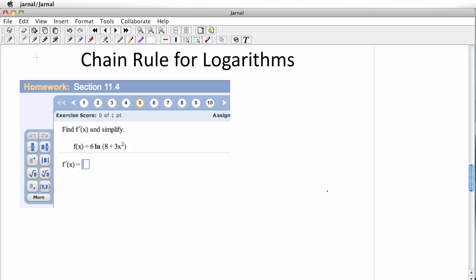Same idea. I say, well, if that had been 6 log x, then I'd be in good shape. The derivative would just be 6 over x. But I don't have x here, I have a bunch of stuff. And so if I follow this rule, my 6 is sitting there, and I have 6 over whatever that stuff is.